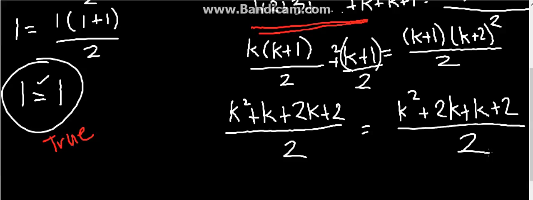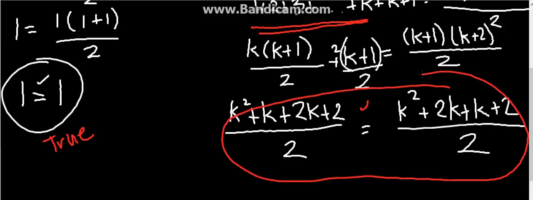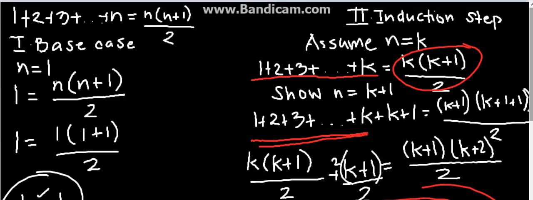So we can see that both sides of the equation are the same. So now we verified that this is indeed true. So that ends our mathematical induction for this example.